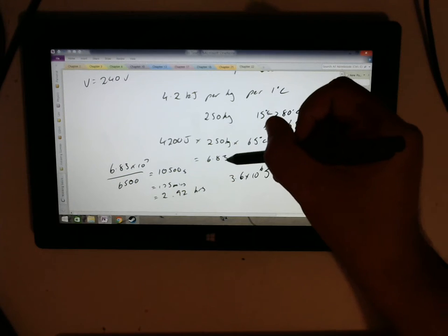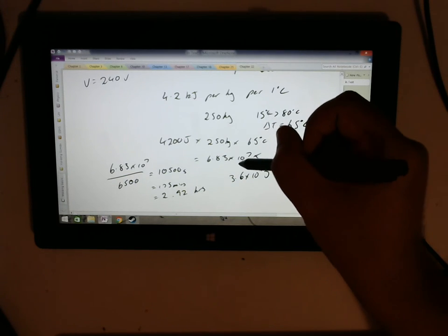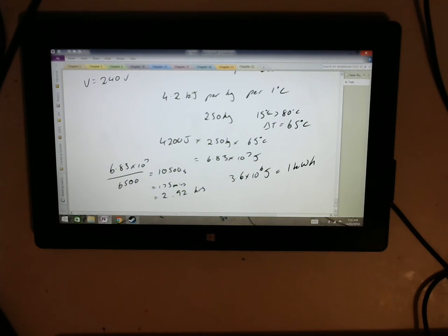So let's take this number, 6.83 times 10 to the 7, and divide by 3.6 times 10 to the 6.